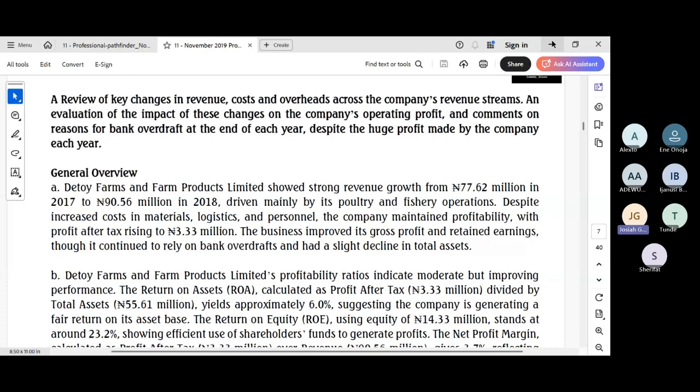Then the fifth one, which is very important, is ethical issues, speaking to your professional skepticism. You need to state about 4 ethical issues and explain them. The last one, but not the least, is your evaluative skills and judgment, which I call risk assessment. You are evaluating what could go wrong. Risk is an event that could hamper the achievement of the objectives of that company.